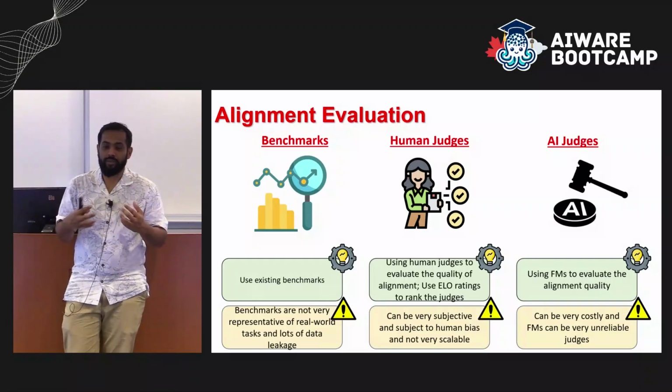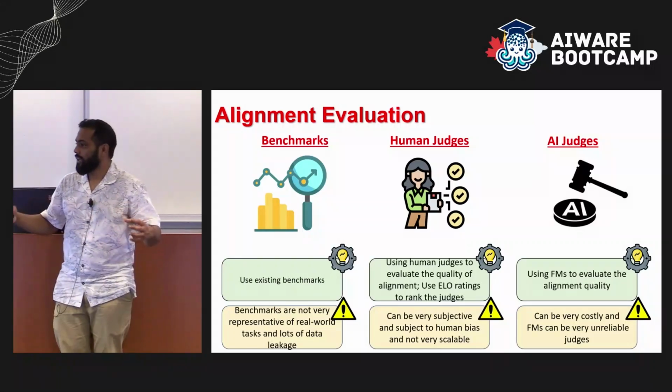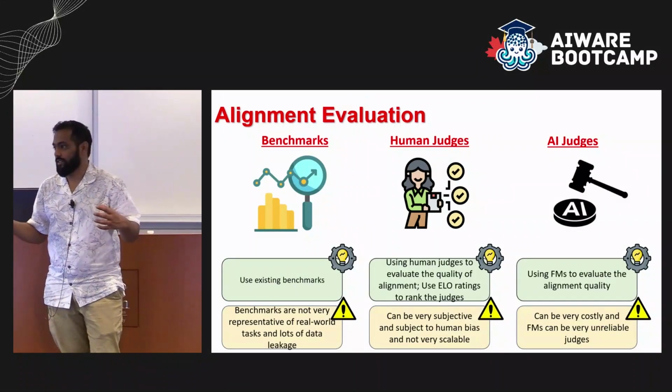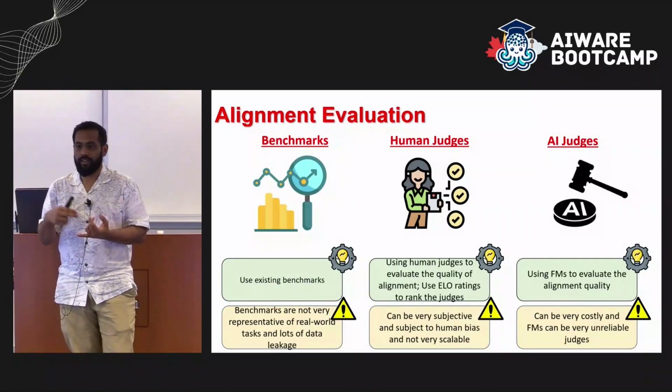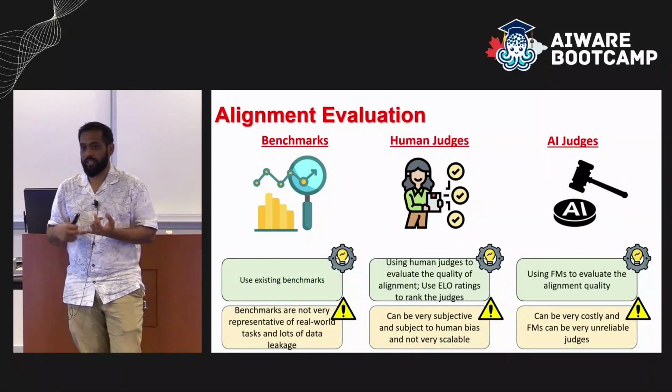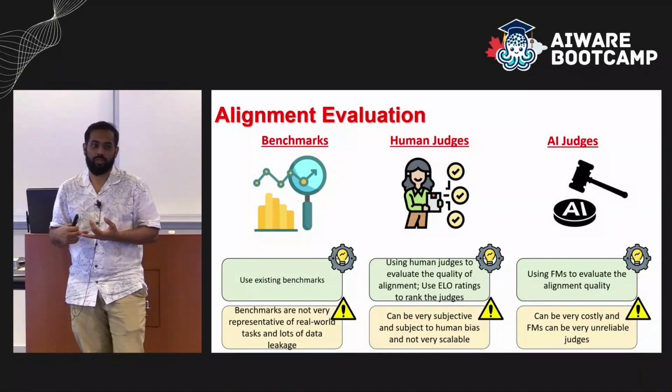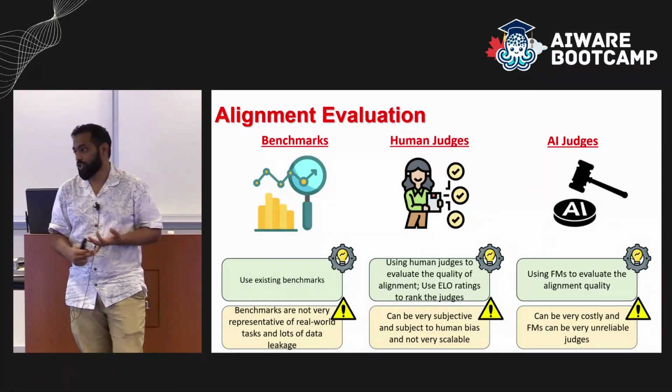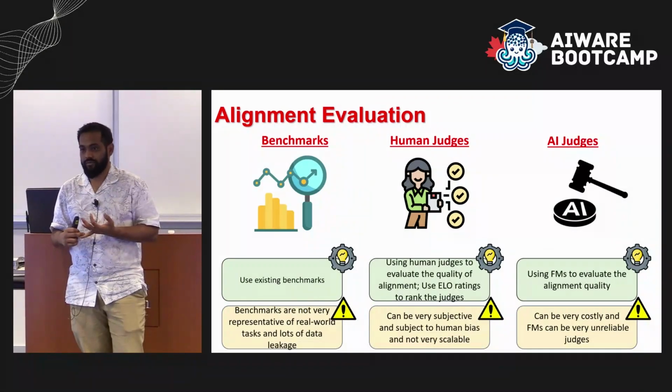But this can be very costly, because recent AI as judge methods use many models with many inferences, which once again means inference cost, and if it's a locally hosted model, the infrastructure to host all the models is very expensive.